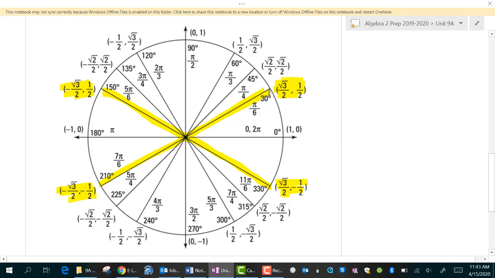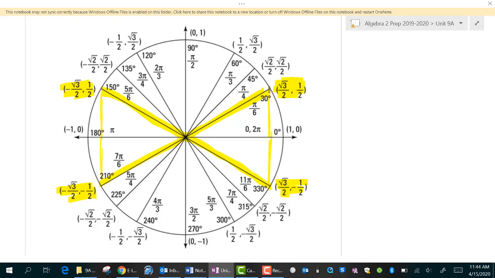Because if I drew a triangle in each of these quadrants, my x and y distance stay the same. So for example, I'm going the same amount to the right or to the left to get to that point. I'm going the same amount up or down in each of those cases. Okay, so that's why we refer to that as the pi/6 family.